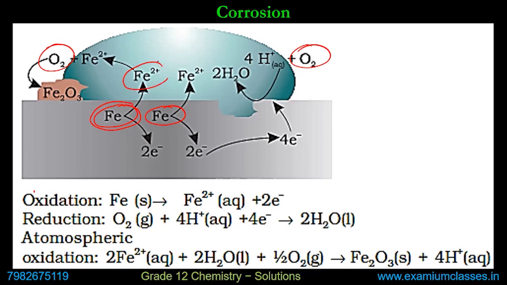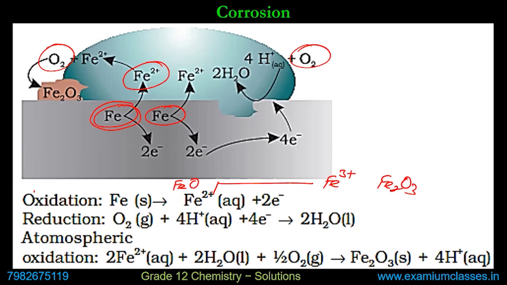So what happens? The iron, due to atmospheric oxygen, gets oxidized and then further oxidized to Fe2O3. First it is oxidized to Fe2+, and then from Fe2+ to Fe3+. Fe2+ is FeO, ferrous oxide, and Fe3+ is Fe2O3, ferric oxide.